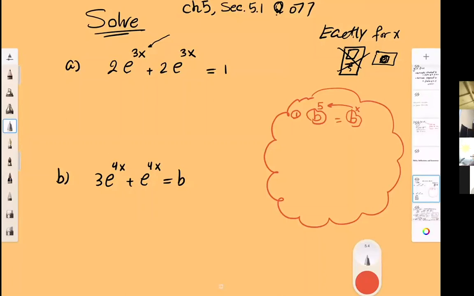Sometimes we are not able to make them the same base. Like 3 to the power of x equals 2, correct? Solve for x. There's no way I can make 3 to base 2. And this type of question, we take a log of both sides. So we use log.